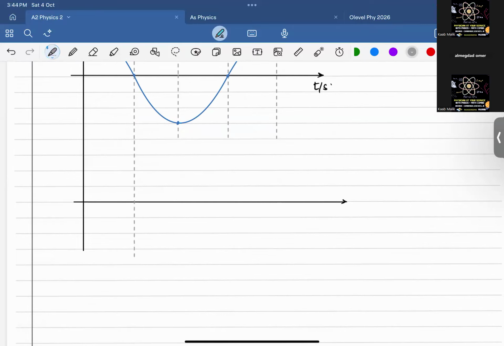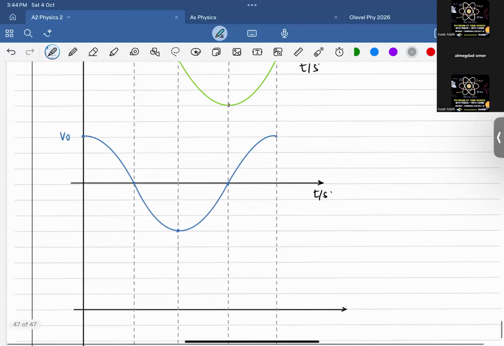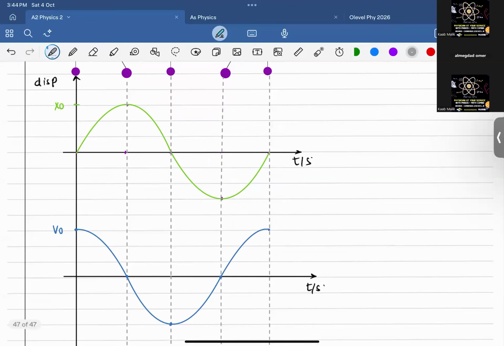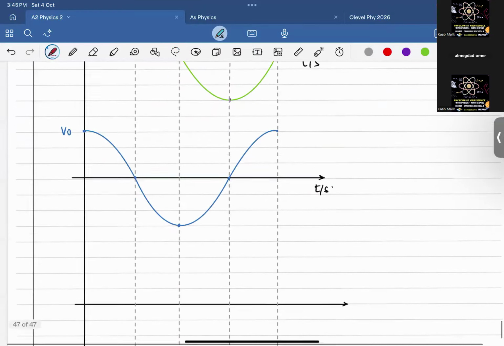Just continue the lines. Can you tell me which property of the graph gives me the next graph?